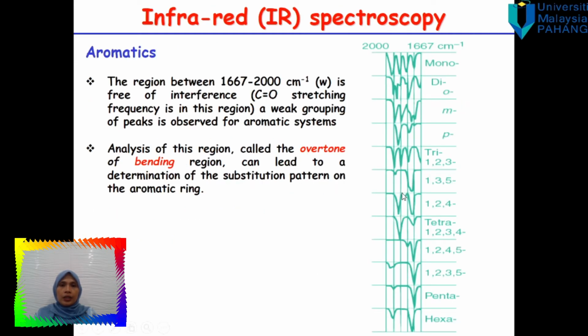That's for the alkene, because the aromatic also falls in the alkene group. In the fingerprint region, the region between 1667 to 2000 can show us the presence of different aromatic systems.